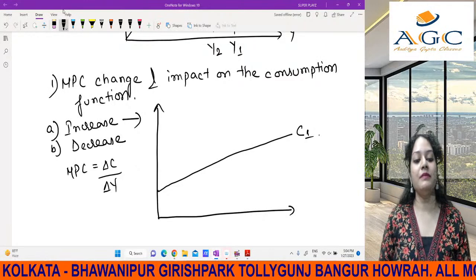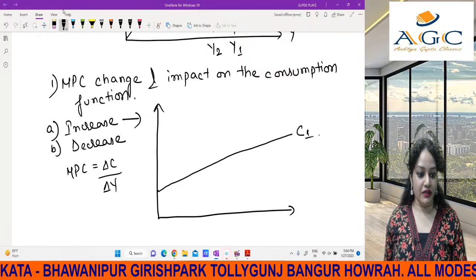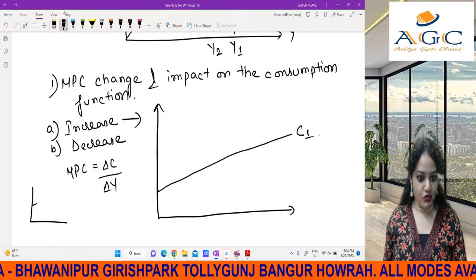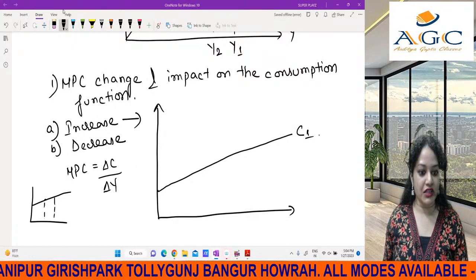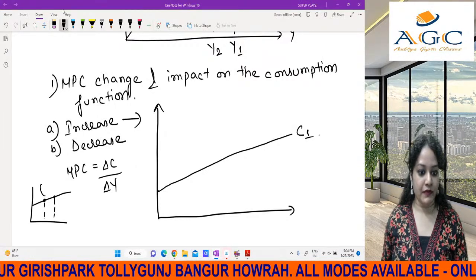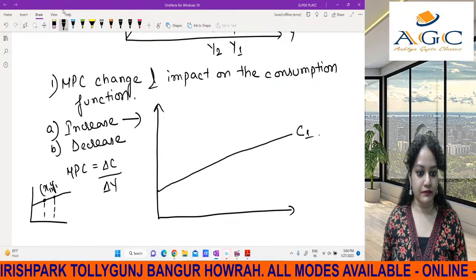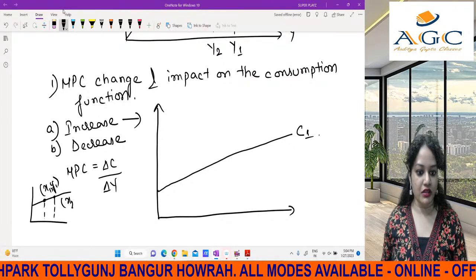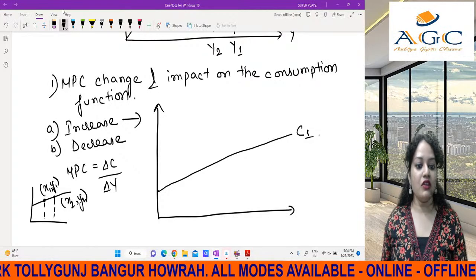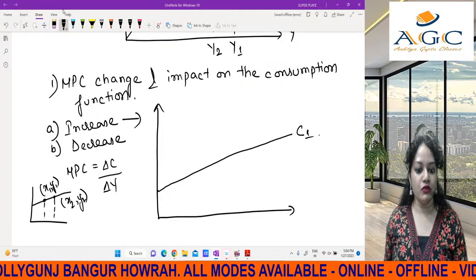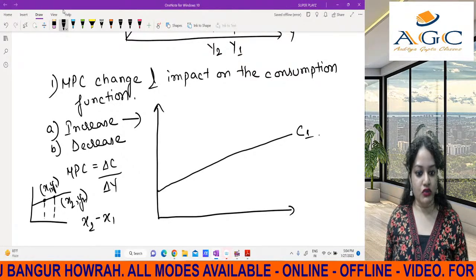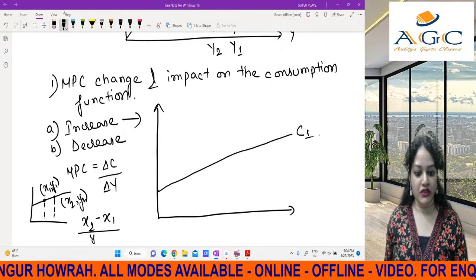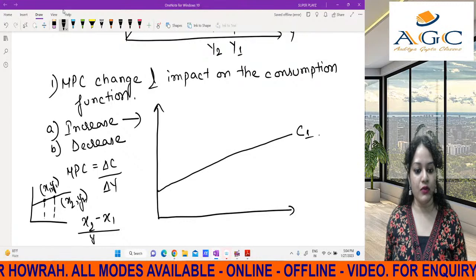Now in simple maths, if you're asked to find the slope of something, suppose these are your two points, x1 y1, and this is another point, x2 y2. When you're asked to find the slope, you basically do y2 minus y1 by x2 minus x1.